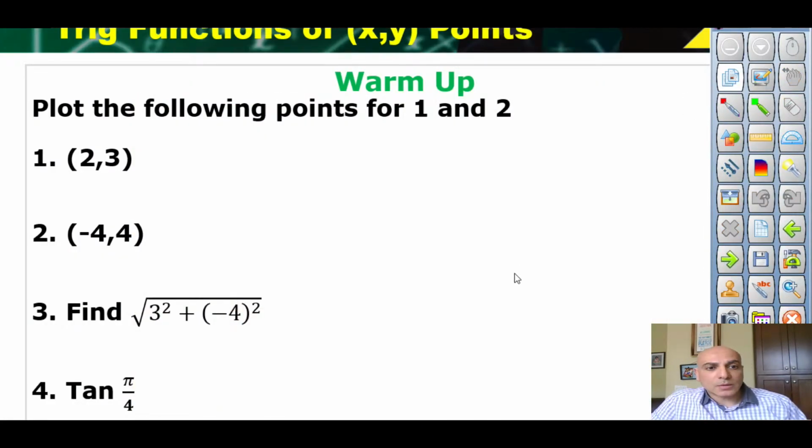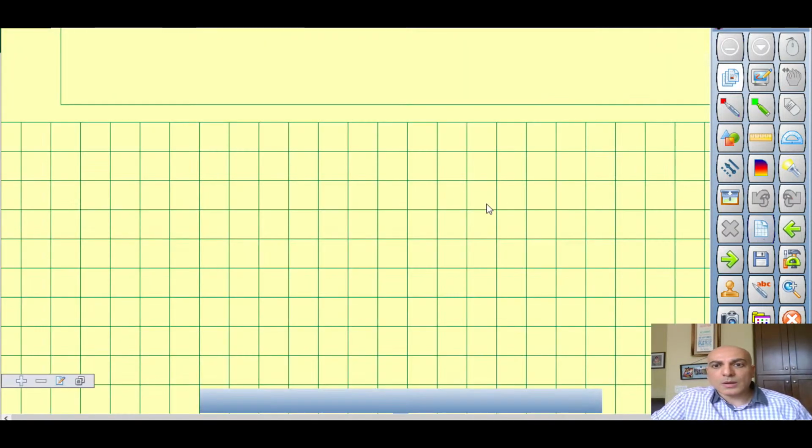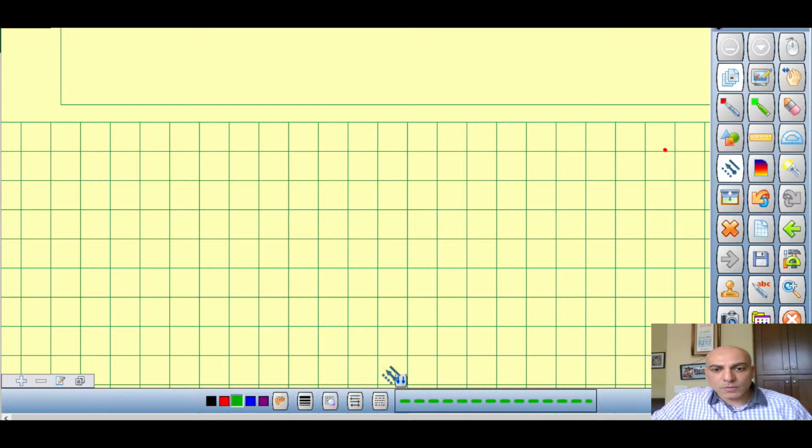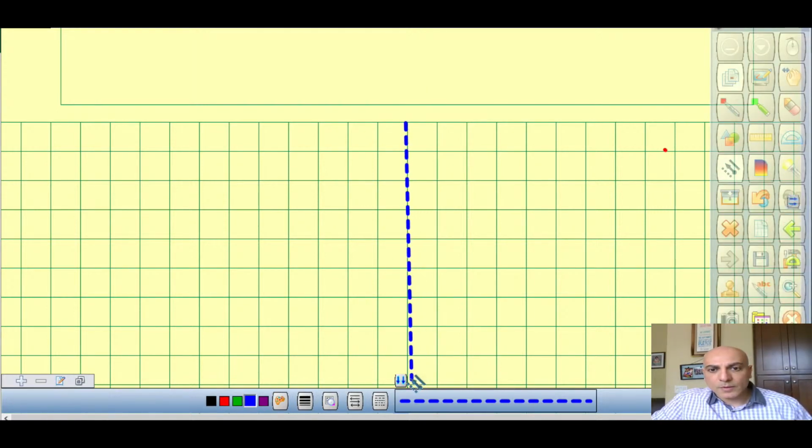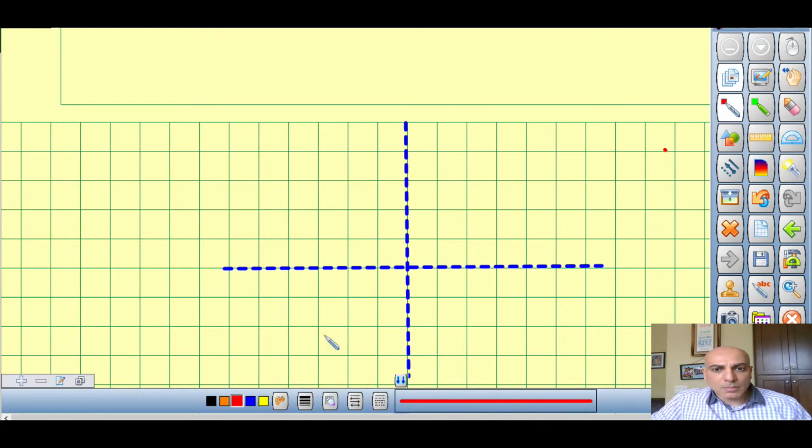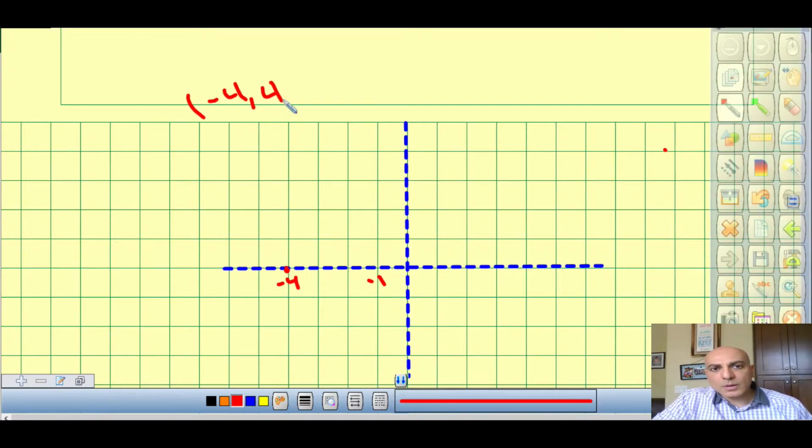Okay. Second point. We need to graph negative 4, 4. Okay, so right here, I'm going to put negative 4, 4. I'm going to go all the way down to negative 1, 2, 3, and 4. I'm here, negative 4. And then it says 4, so I'm trying to plot negative 4 comma 4.